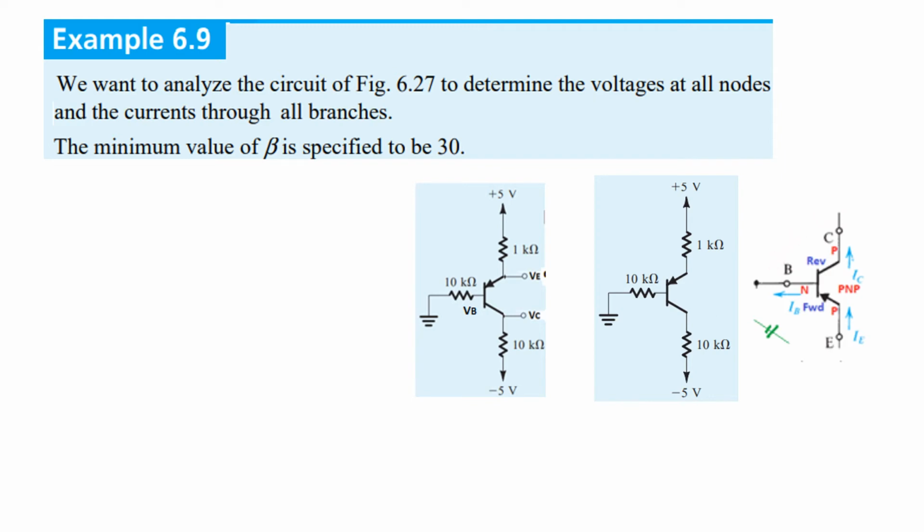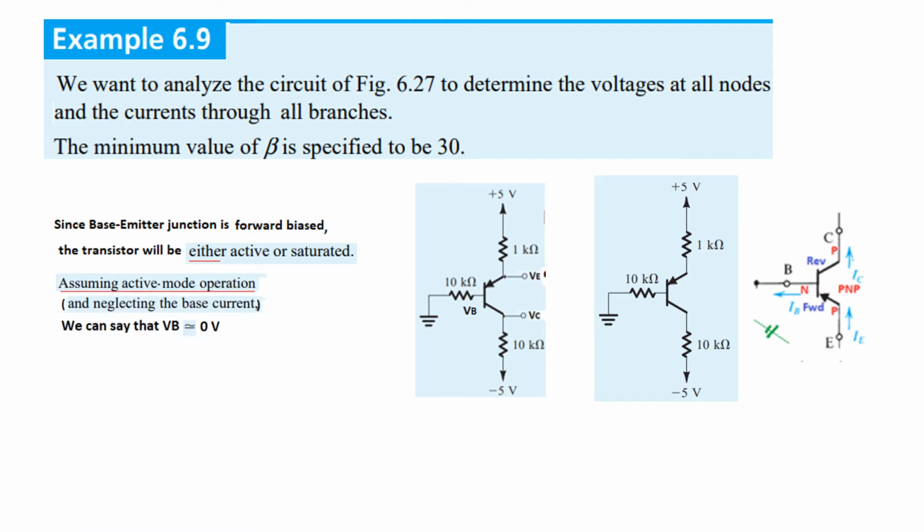In this case, if you see, this is just opposite. Here is the emitter terminal. So base emitter is forward biased in this case also, and now we have to find whether the transistor is in saturation mode or in active mode. Since the base emitter junction is forward biased, the transistor will be either in active mode or in saturation mode.